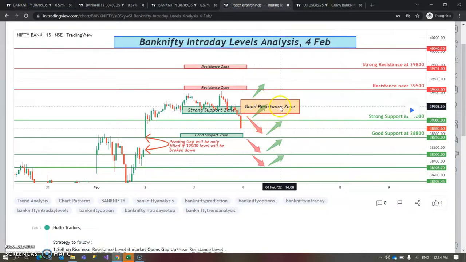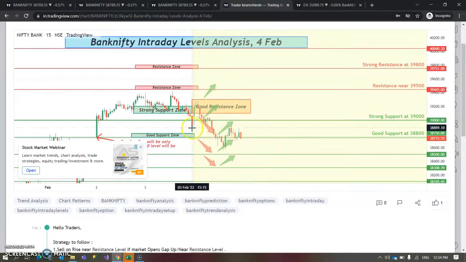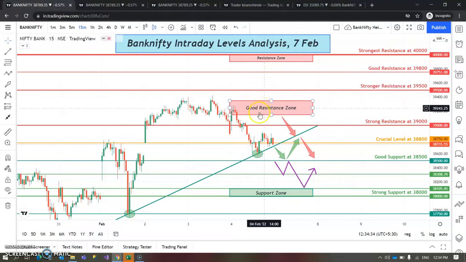While explaining the analysis for this level, I had mentioned that the market would take resistance up to this level, 39,000, and the same we saw. The market opened gap up, but it could not hold above, faced resistance at this particular level, and from there it came down. So this level has become a good resistance level compared to the previous one. And as we go to the top, the resistance keeps on increasing.